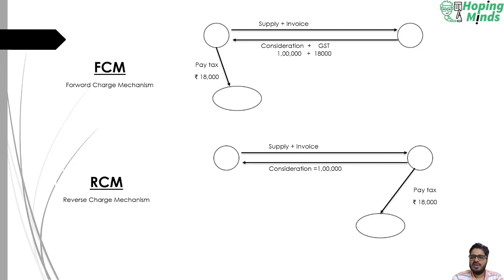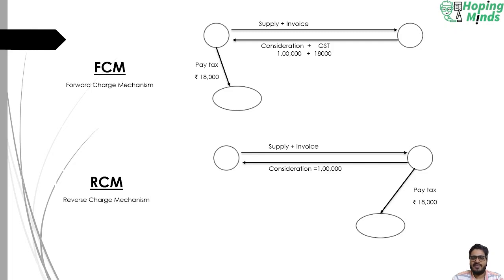In this case, rupees 1 lakh is the consideration amount and GST is rupees 18,000, that is at the rate of 18%. Upon the receipt of this consideration along with GST, the supplier pays the GST component, that is rupees 18,000, to the government.